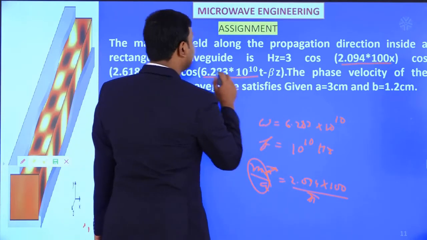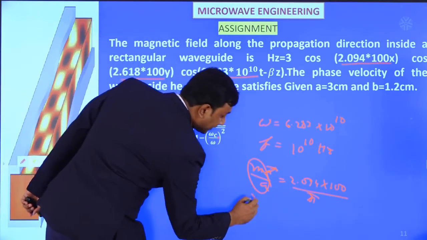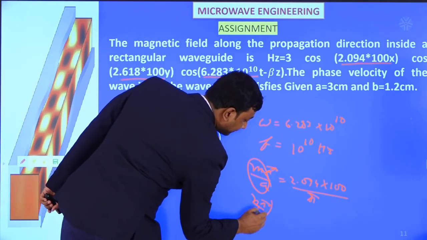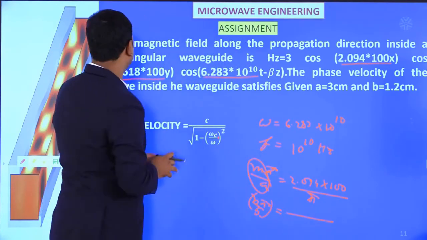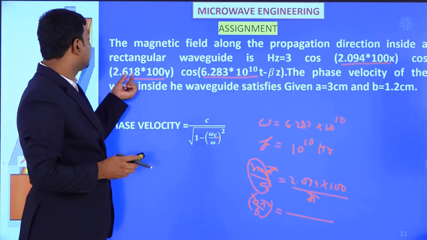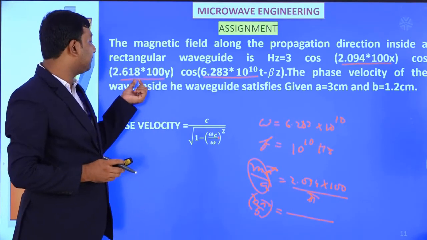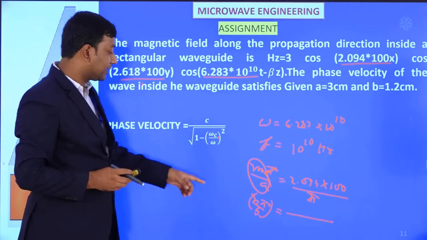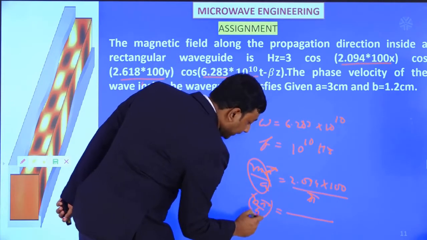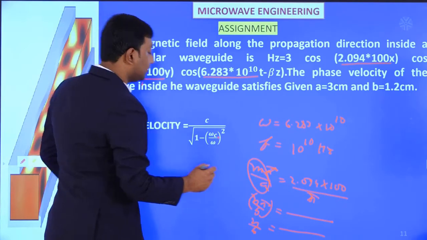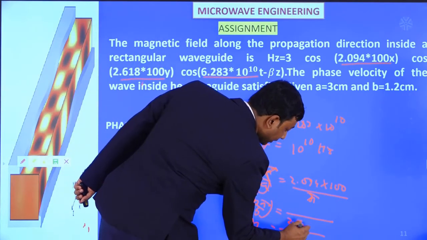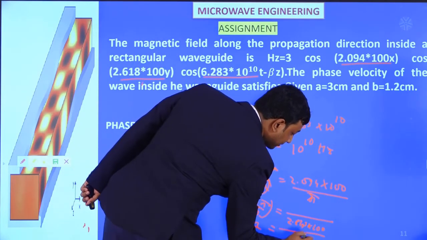Similarly, from this N pi by B also, we can find out the value of N by B. So N by B will become this part 2.618 into 100 divided by the pi value 3.14.